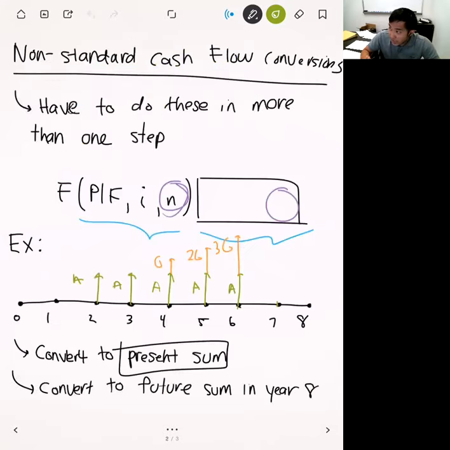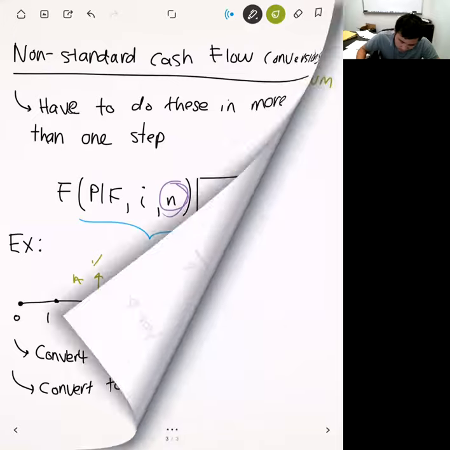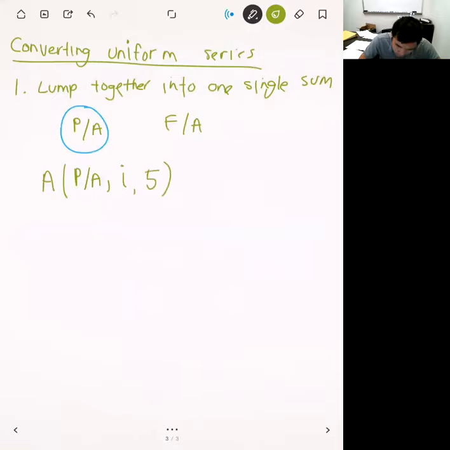The n that you choose for a uniform series conversion is the number of times that the cost recurs. You can see here that the cost is going to recur once, twice, 3 times, 4 times, 5 times. And so between years 2 and 6, we have five instances of that recurring cost. So n is equal to 5.